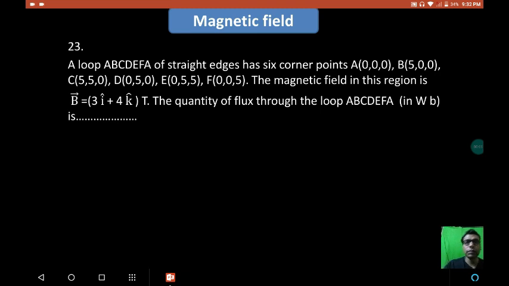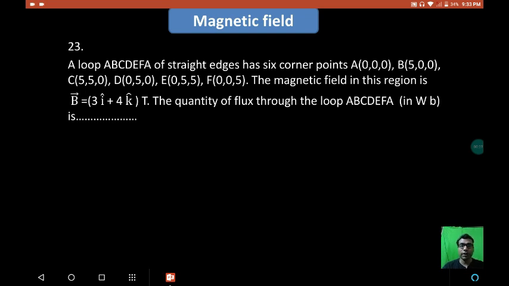So this question is from the magnetic field, or we can say EMI, electromagnetic induction, where we have to find the flux through a loop. Here is the loop A, B, C, D, E, F, A with straight edges and 6 corner points, with coordinates of A, B, C, D, E and F as given. The magnetic field in this region is 3 i cap plus 4 k cap, not the j cap.